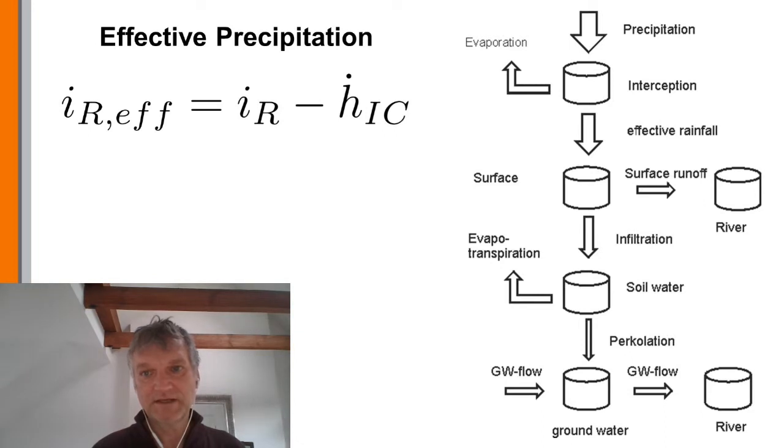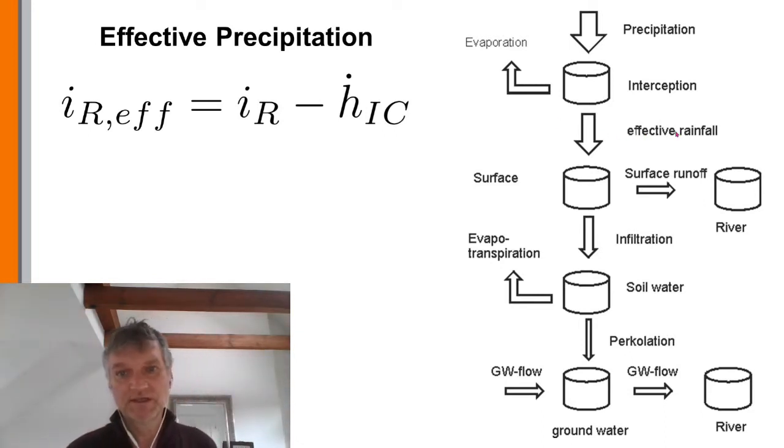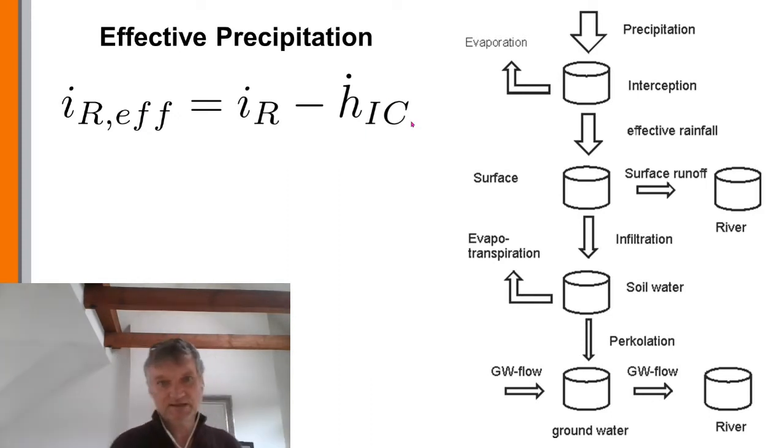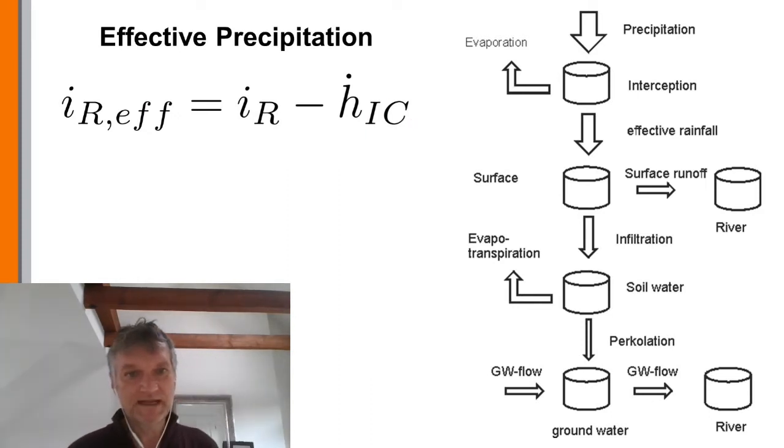And this precipitation which goes directly, or which goes after interception, to the surface of the bottom is called the effective rainfall, and this effective rainfall can be calculated by the intensity of the rainfall minus the interception intensity, and this is always something like a height.